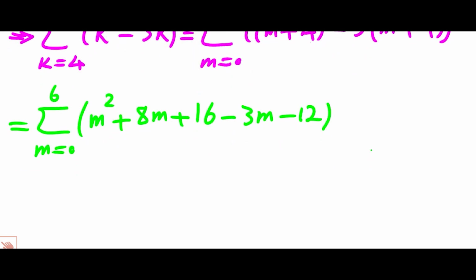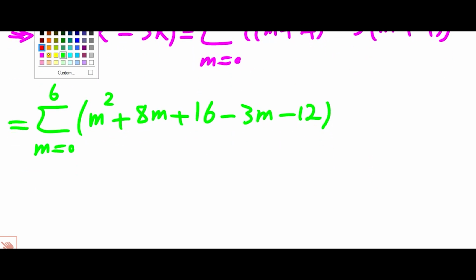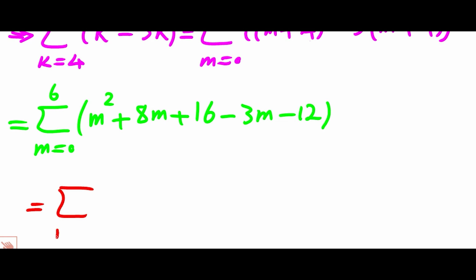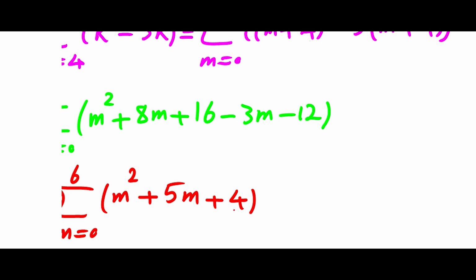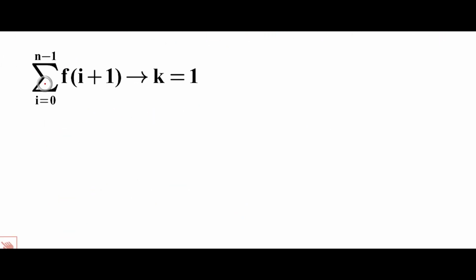So the final answer is the sum of m equals 0 to 6 of m squared plus 5m plus 4, since 8m minus 3m is 5m, and 16 minus 12 is 4.